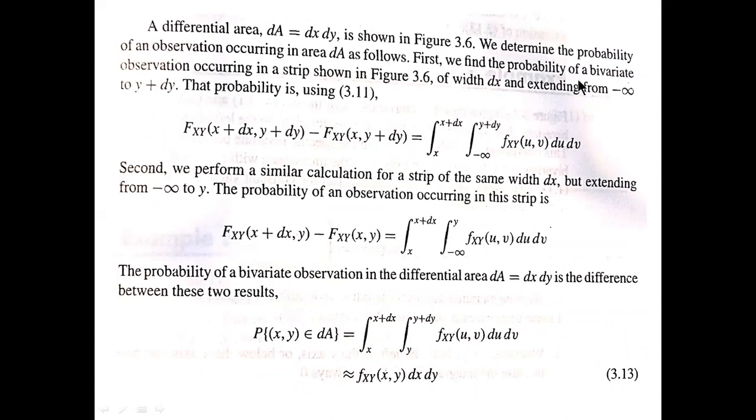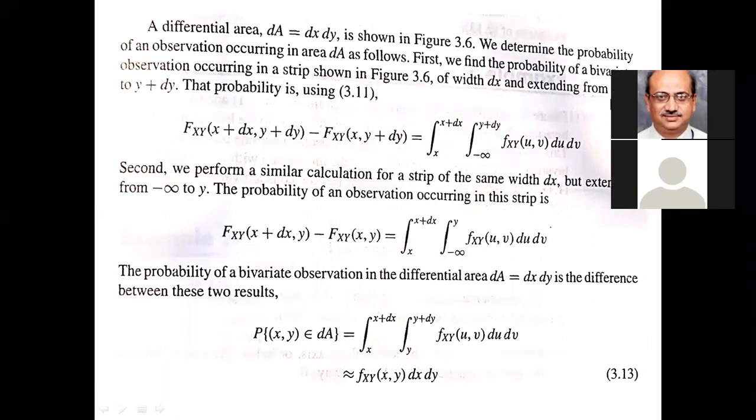So first we find the probability of a bivariate observation occurring in the strip shown in figure 3.6 of width dx and extending from minus infinity to y plus dy. That is, the probability is F of xy at x plus dx comma y plus dy minus F of xy at x comma y plus dy.